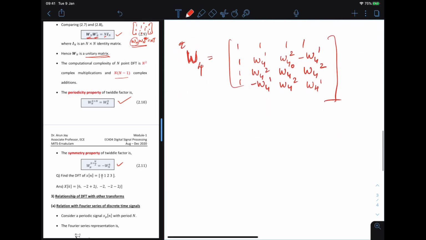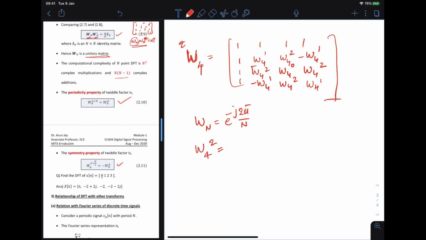Now we have to find the elements of this DFT matrix. So how do you do that? We know that each element Wn is equal to e raised to minus j 2 pi by n. So what is, for instance, W4 square?